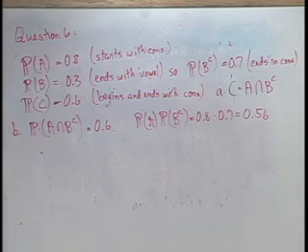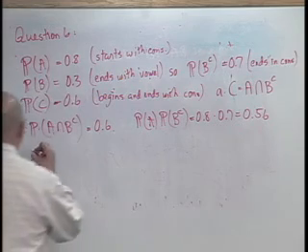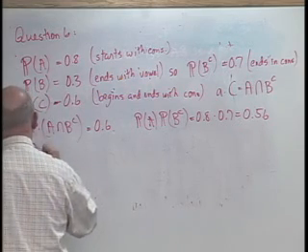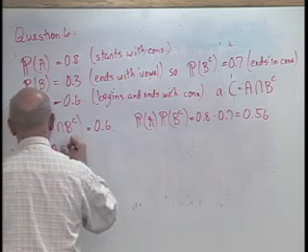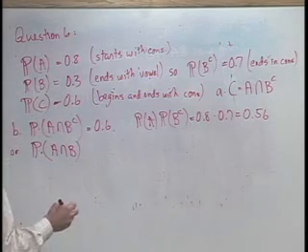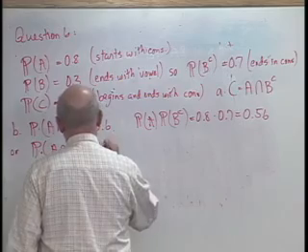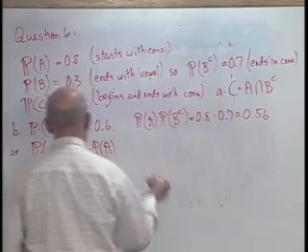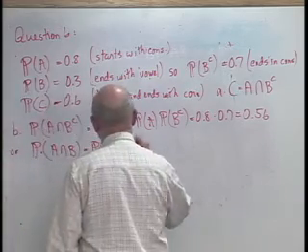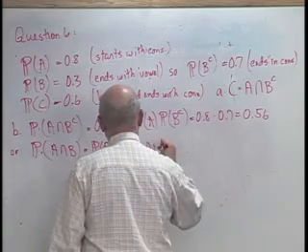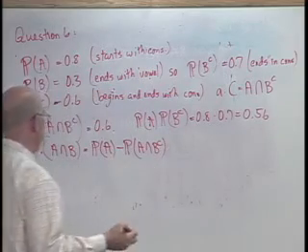Here's another way of doing it that is equally good. You can work out the probability of A intersect B. That's equal to the probability of A minus the probability of A intersect B complement.